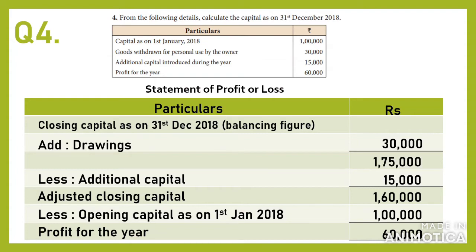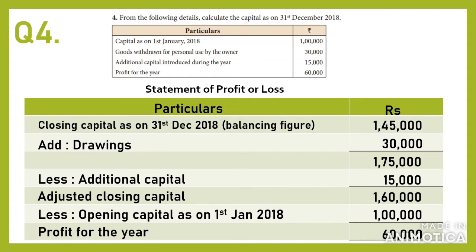Okay, and then you have 1,75,000 and drawings of 30,000. So what should be your closing capital? There is a figure to which if you add 30, you will get 1.75. How will you determine that figure? It has to be 1,75,000 minus 30, which will give you 1,45,000.